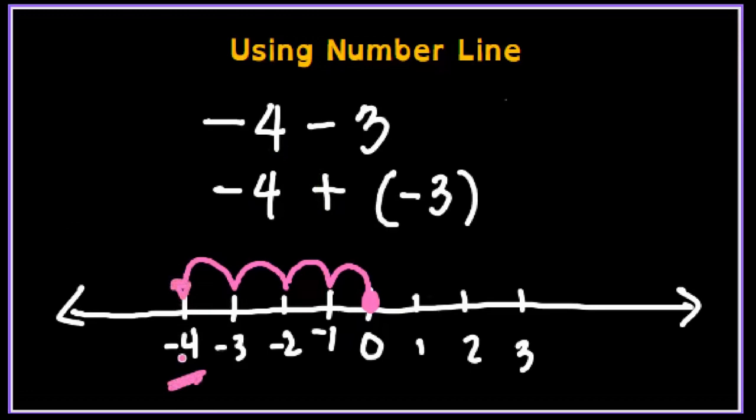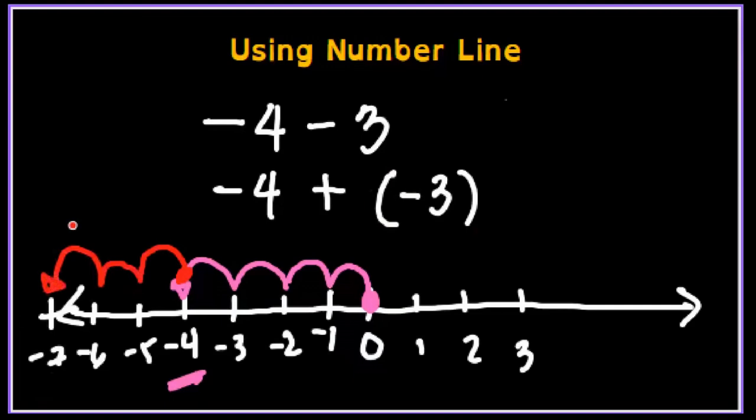But wait, there's more. Meron pa tayong negative 3. Okay? So, mukhang mag-extend ang ating number line. So, meron tayong negative 5, negative 6, and negative 7. Okay? So, kung meron ka pang negative 3 dyan, at dahil yan ay negative integer, mag-start tayo kay negative 4. Okay? Bilang tayo ng tatlong beses papunta sa left. 1, 2, and 3.